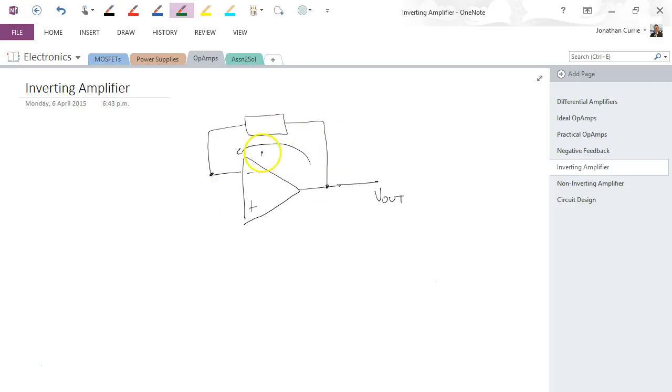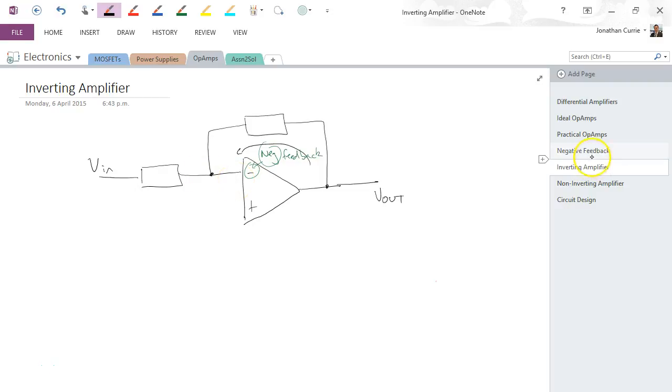This becomes negative feedback, negative because it goes to the inverting input, and with another resistor in series with our input voltage, a fraction of our output is applied to the input which opposes it.